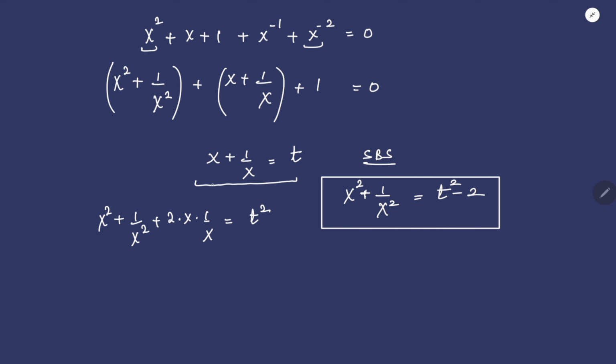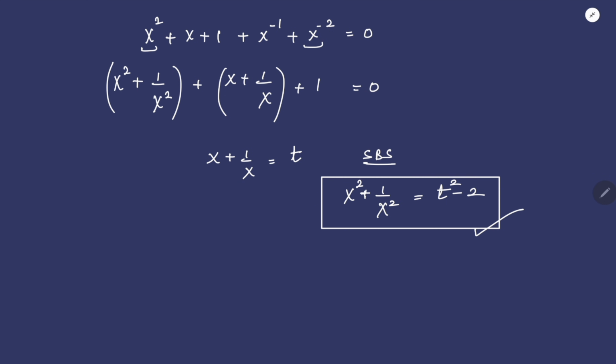You remember the formula, a plus b whole square is equal to a square plus b square plus 2ab. When this x and x cancels out, this 2 goes on the right hand side and this becomes x square plus 1 by x square is equal to t square minus 2. Okay, so I hope you understand this.